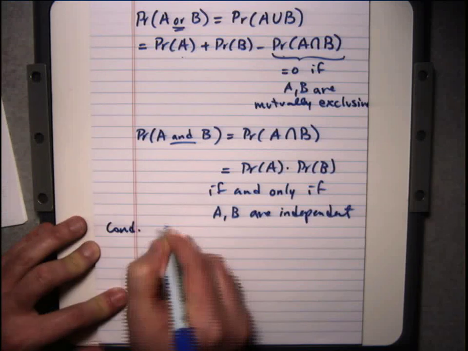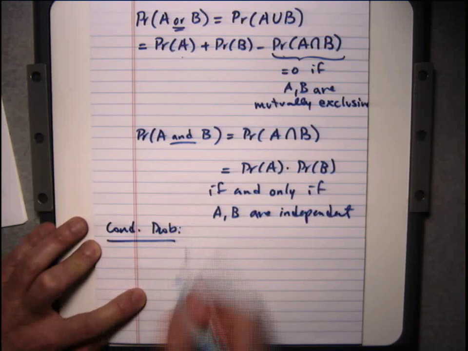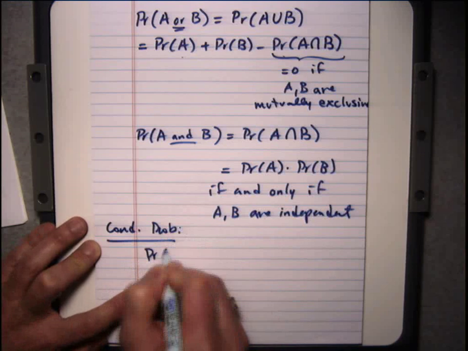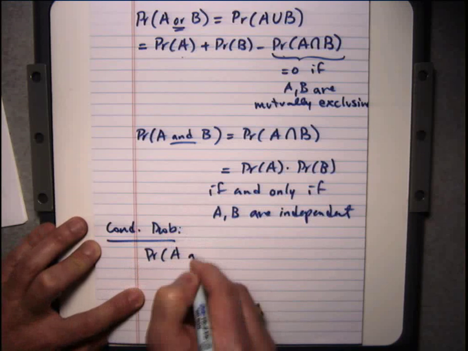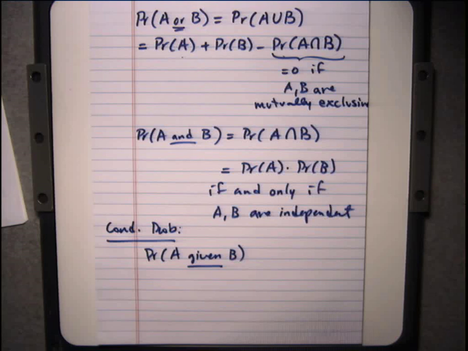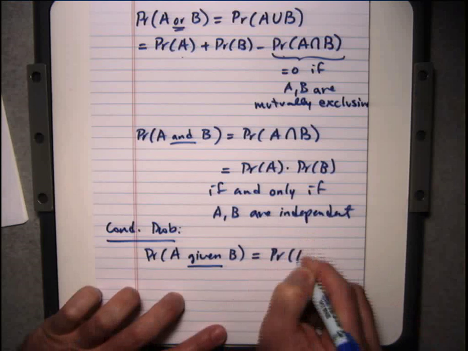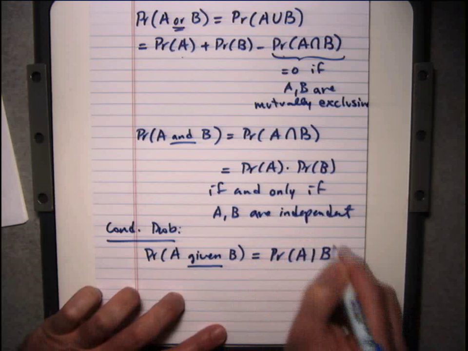The idea of conditional probability is to look at the probability of A given B. Here, we have two events that presumably have something to do with each other, and we're asking what is the probability of observing the event A given that the event B has occurred. Technically, the way to write this is the probability of A given B.